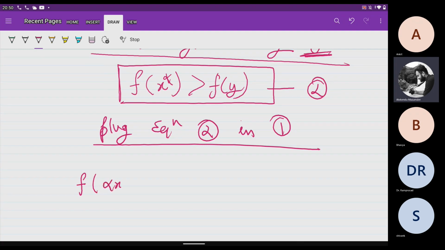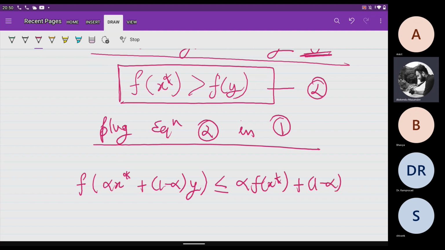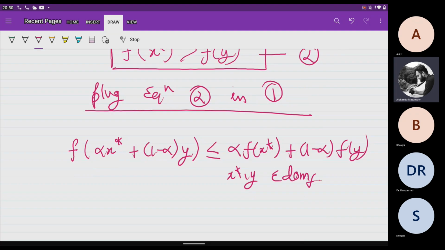Let's write equation 1. f of alpha x star plus 1 minus alpha y should be less than or equal to alpha f(x star) plus 1 minus alpha f(y), and x star and y belong to the domain of f, right? So I know this equation. I rewrite it in the form of x star and y. Now I simply put 2 in this equation. So what happens when I put 2 in this equation?